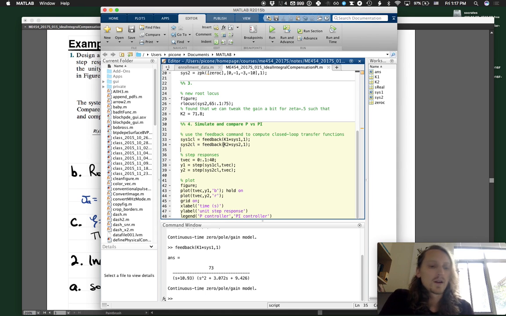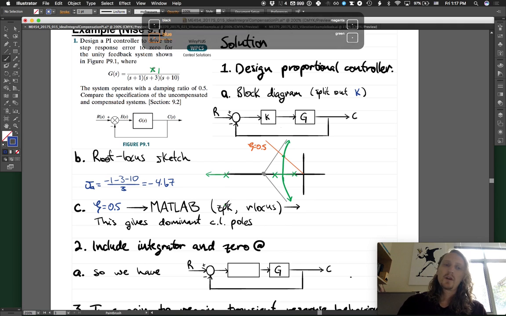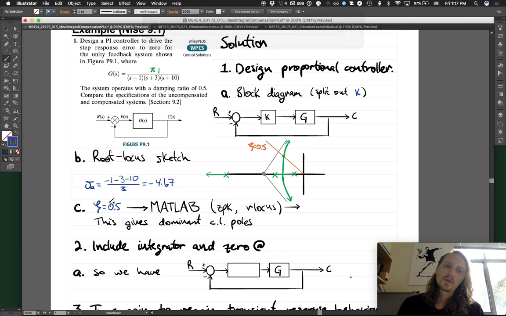But before we do, I want to go back to our sheet here and say, okay, part C, we chose zeta equals 0.5. That was our design constraint. And then for MATLAB, we found that K had to be equal to 73. Now, this gives dominant closed loop poles, as we said, at negative 1.54 plus or minus j2.66.